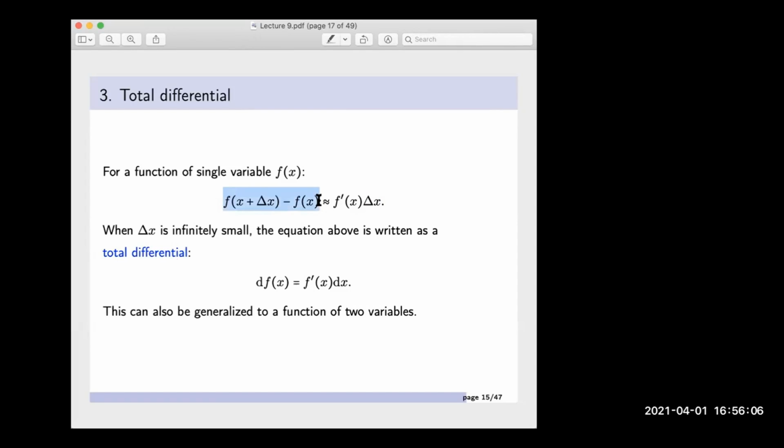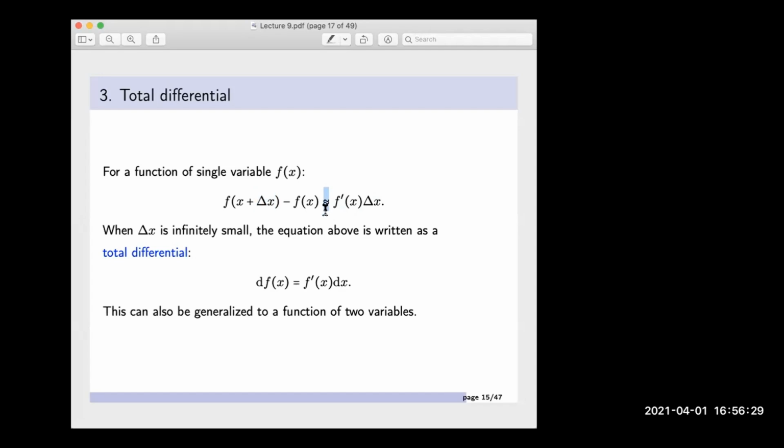According to the definition of derivative, the derivative is the rate of change, which is the change of function value divided by delta x. When delta x tends to 0, the limit value is the derivative. When it's not tending to 0, you have an approximate value.